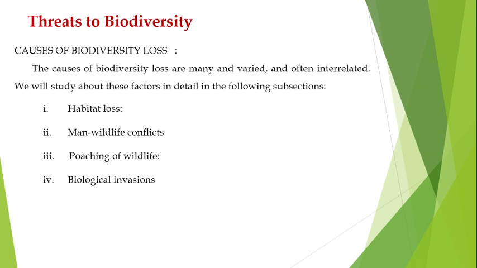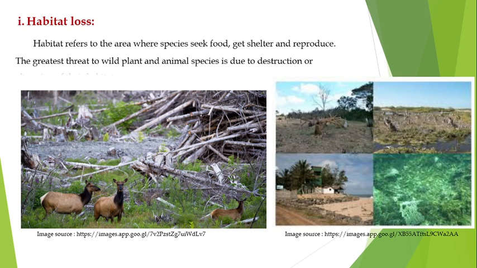The first cause of biodiversity loss is habitat loss. Basically, habitat refers to the area where species seek food, get shelter, and reproduce. The greatest threat to wild plant and animal species is the destruction or alteration of their habitat.